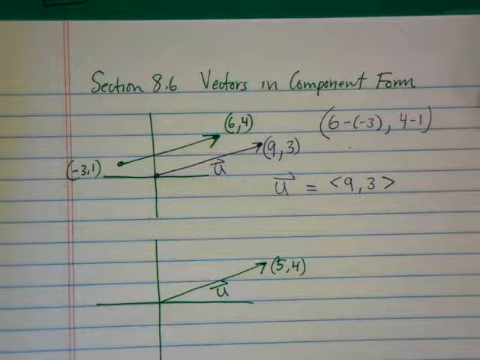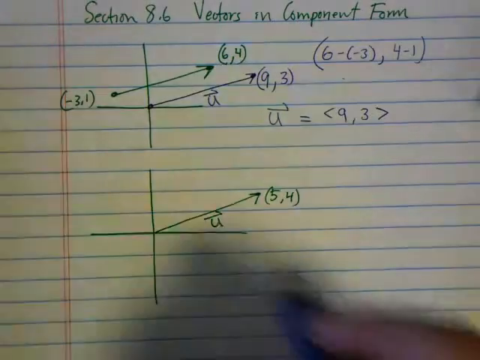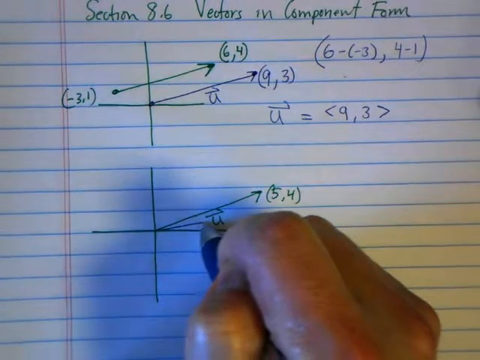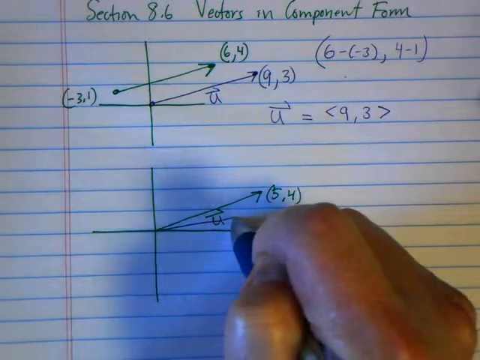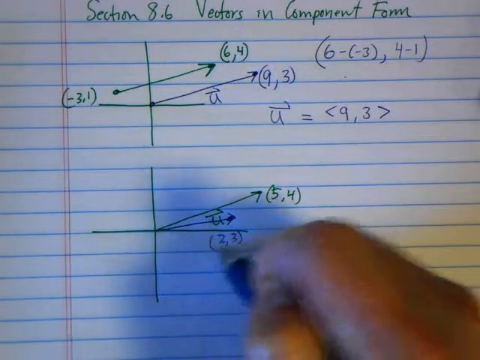Vector u starts at the origin and ends at 5, 4. Give me another vector, and make it fairly simple on me. Give me another vector that ends in quadrant 1. 2, 3. Well, that's not drawn very well to scale. 2, 3. And we'll call that vector v.